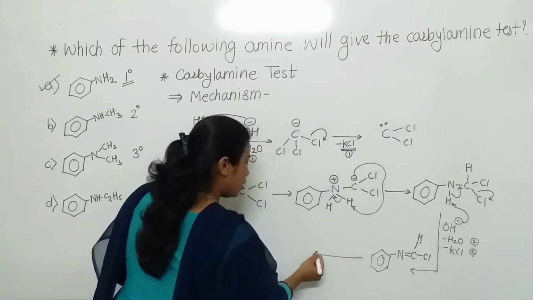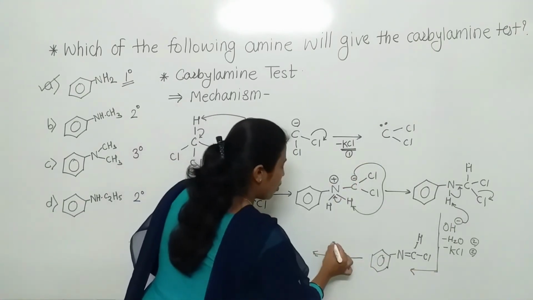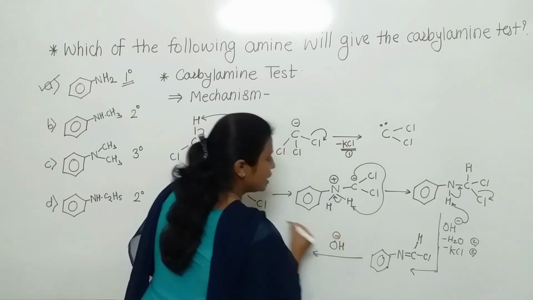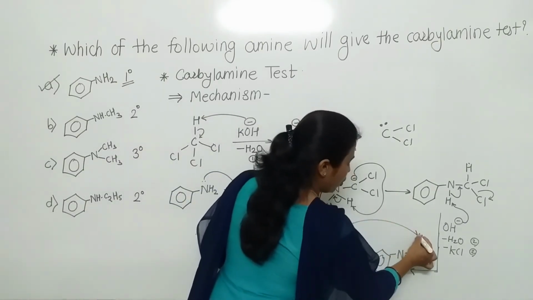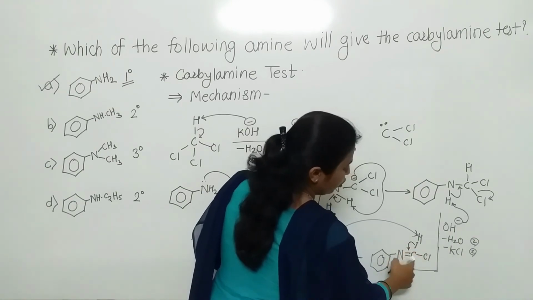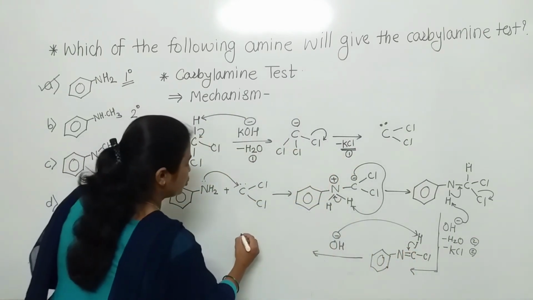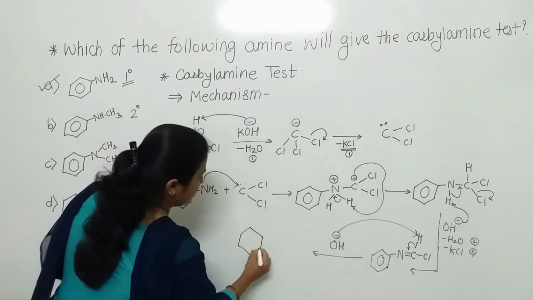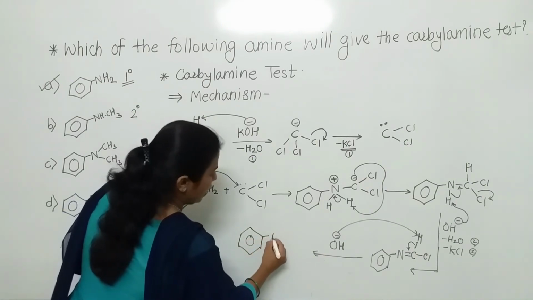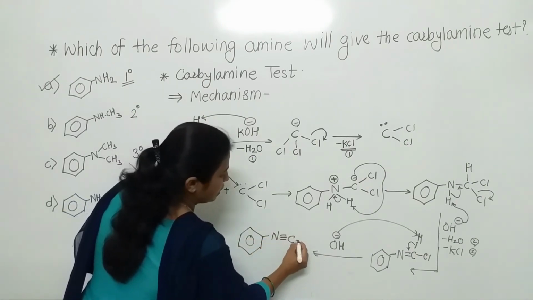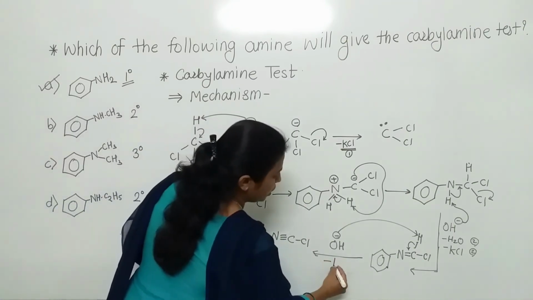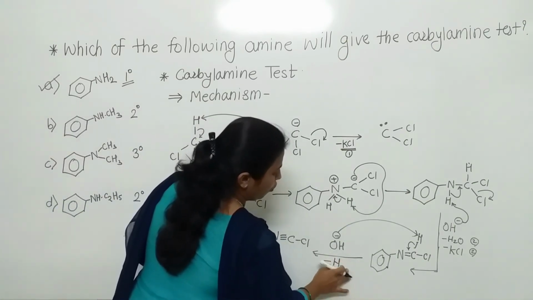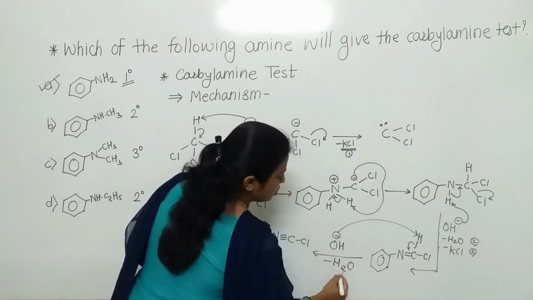The third OH minus from the KOH will abstract this proton, and the triple bond between nitrogen and carbon will form, and that product will be N triple bond C, with 1 Cl attached to that carbon. In this way the third mole of H2O is also removed.